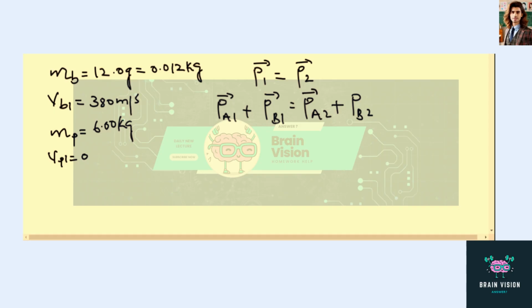It's a vector, and we know that momentum P is given by mass times velocity.